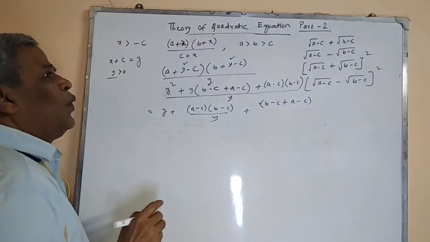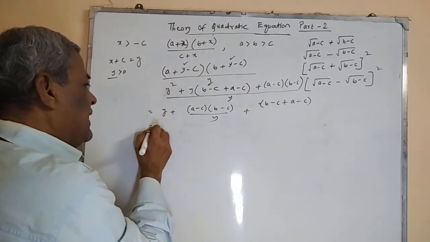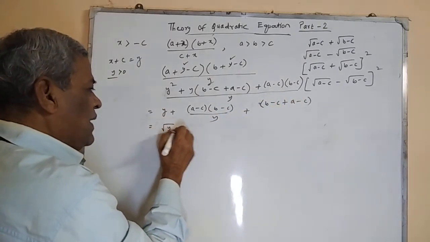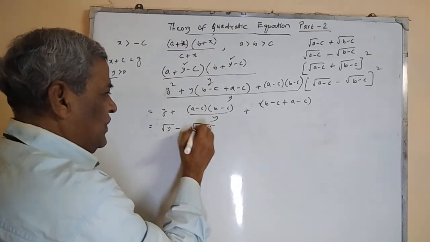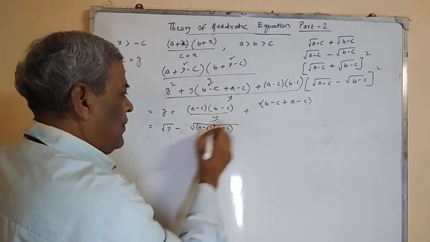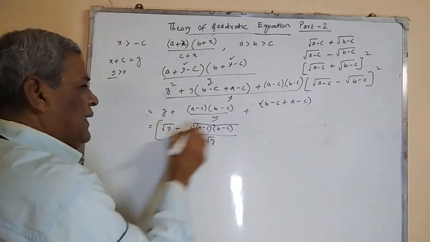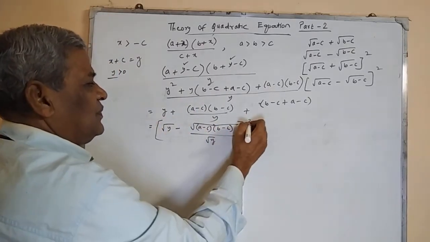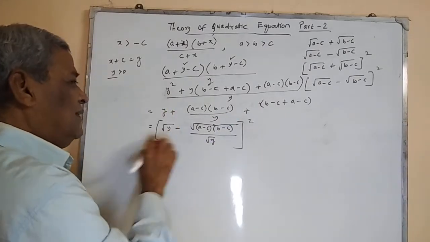So y is the variable, and the others are all constant. So this can be written as root y minus root over of (a minus c) into (b minus c) by root y, in whole square. Actually we have taken y square, that is y.